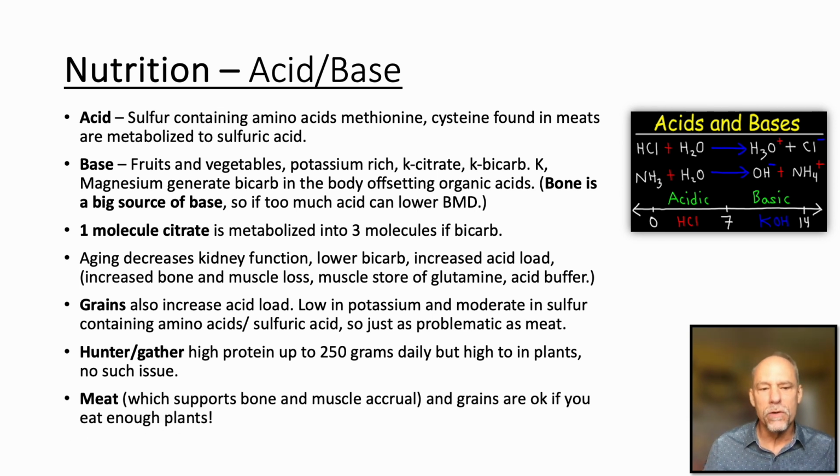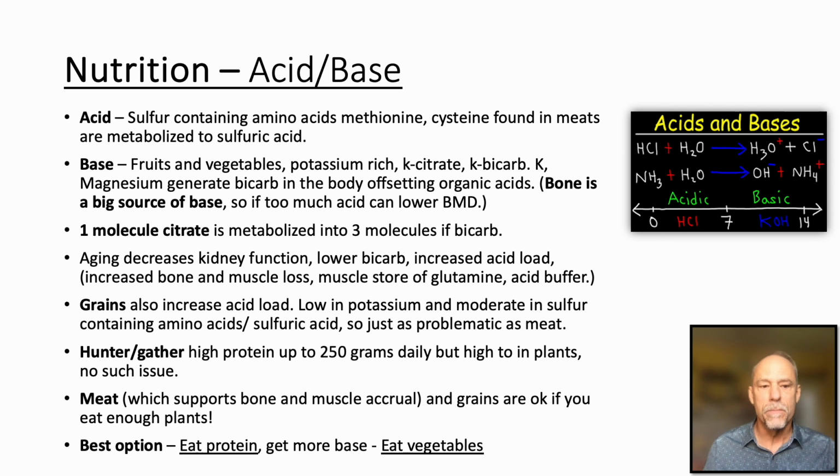Meat, which supports bone and muscle accrual, or grains are okay if you eat enough plants, so you can eat both. But the bottom line is you're probably best to eat plenty of protein, because that's the matrix, the structure, the 2x4s of bone, which then get mineralized, and eat the vegetables to keep the acid-base status better. So just a quick review of nutrition and acid-base status.